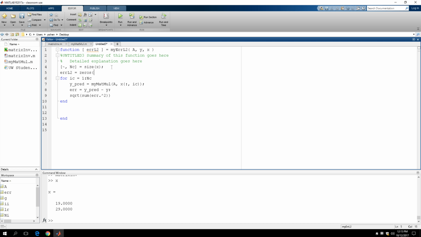Let's call it zeros, and then what's going to be the dimension of it? We're going to use one row but NC columns as a dimension, and then here I'm going to assign ER L2, the result of the calculation, to the IC's element, right?